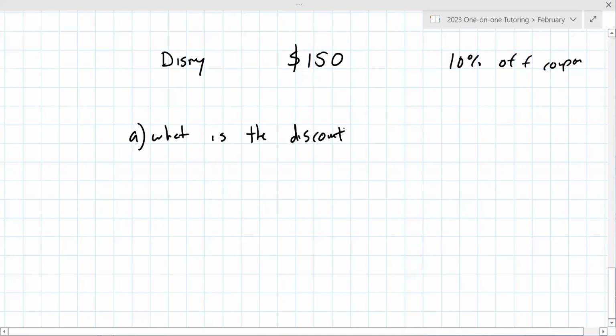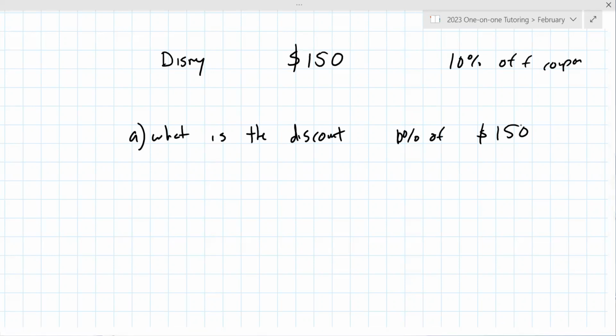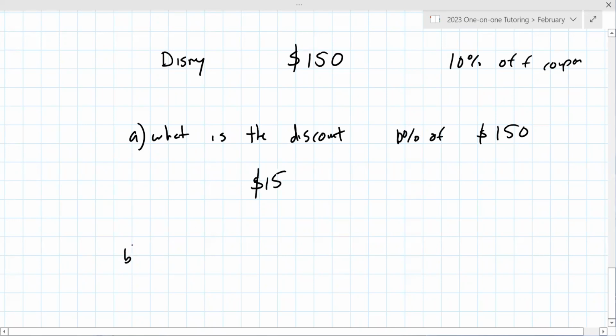And the discount is 10% of 150. How much is 10% of 150? 15. Okay. So the discount is 15. The second question is, what do you end up paying? And you pay the original price minus the discount.